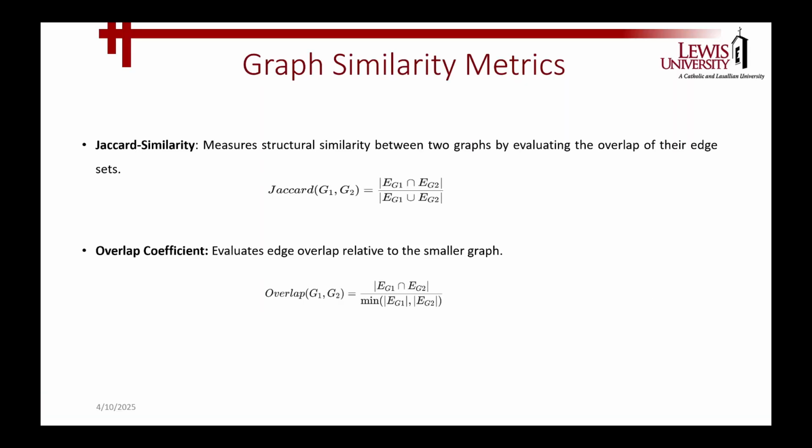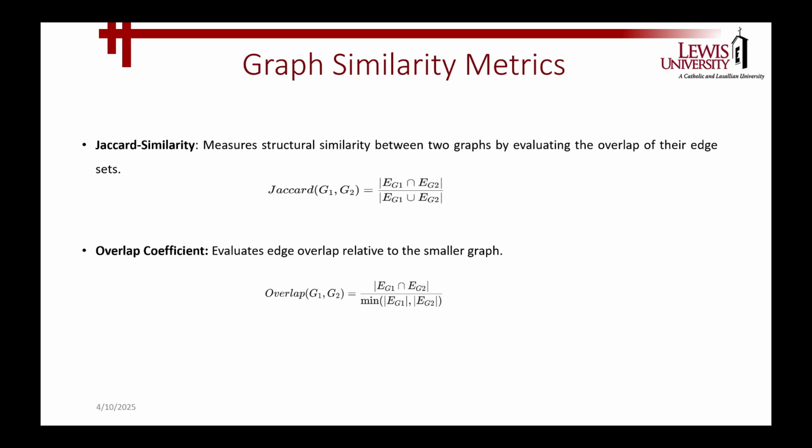We employed several graph similarity metrics, each serving a specific analytical purpose. On this slide, we focus on edge-based metrics, specifically the Jaccard similarity and the overlap coefficient. Jaccard similarity compares the commonality between two graphs by measuring the ratio of shared edges to the total unique edges across both graphs.